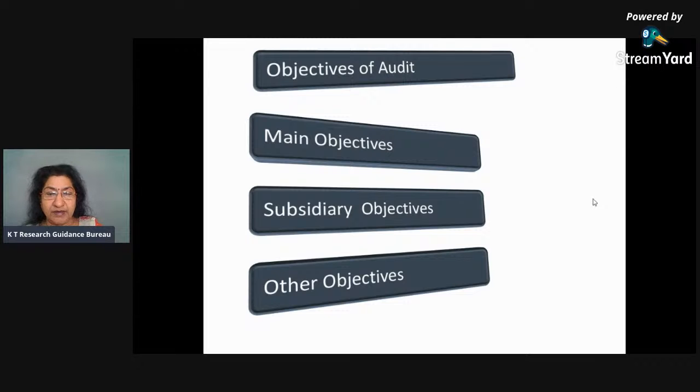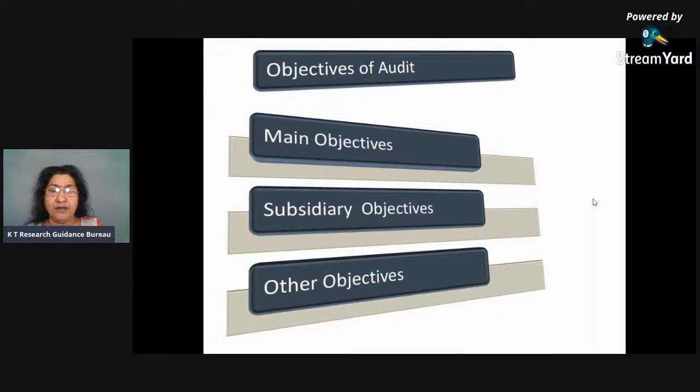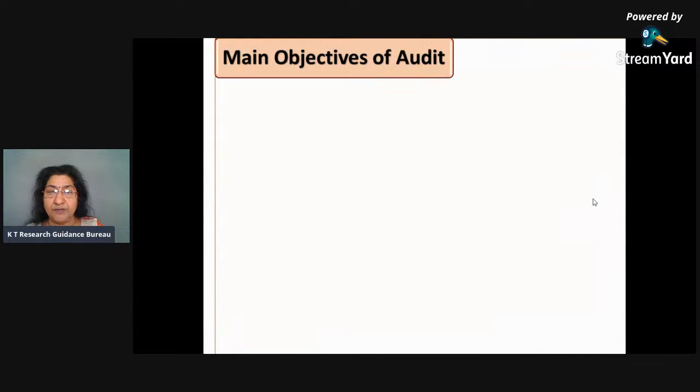And the third category is other objectives. Along with these two, you can get other benefits also. You can fulfill your targets and objectives also. So these are the main three parts of audit and objectives. So first of all, let's begin with main objectives of audit.